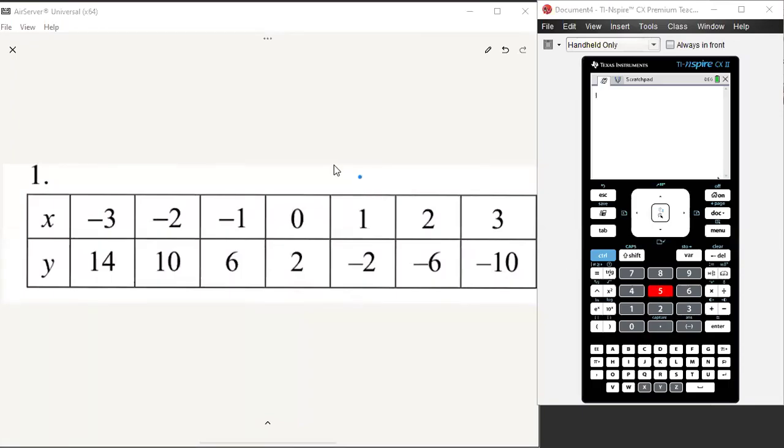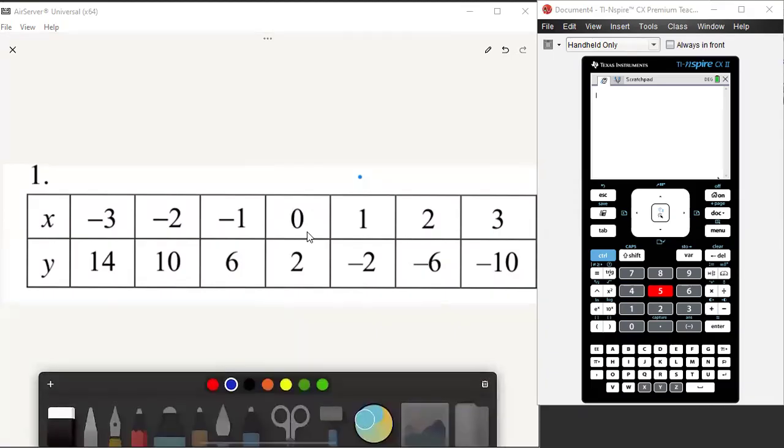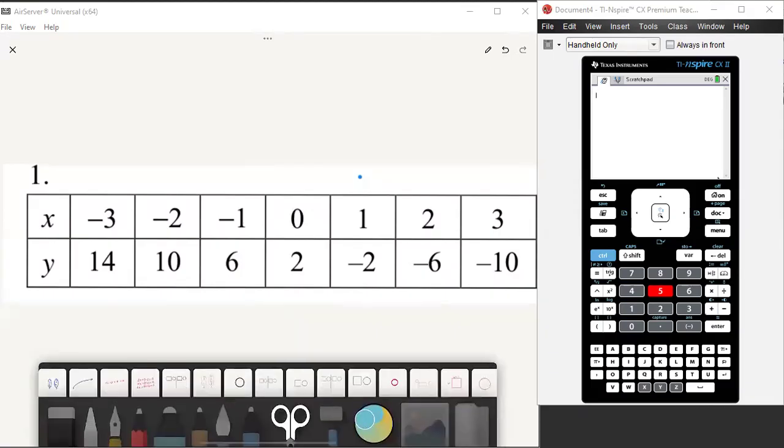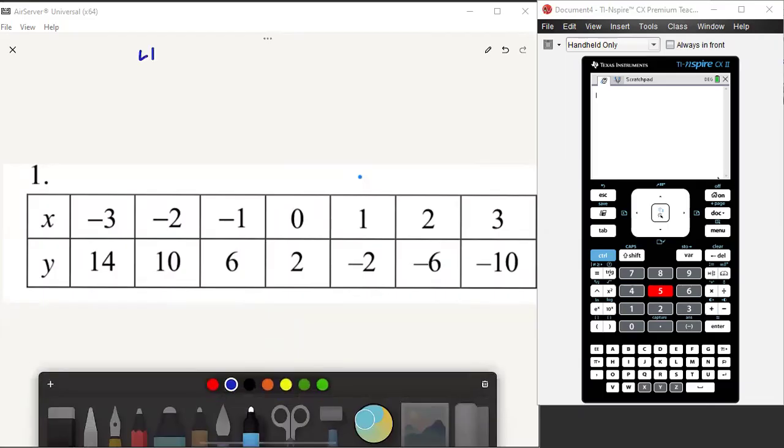Hey, this video is basically going to show you how to look at any table and determine if it is linear, exponential, or quadratic.